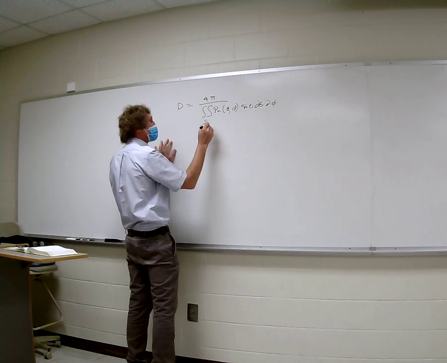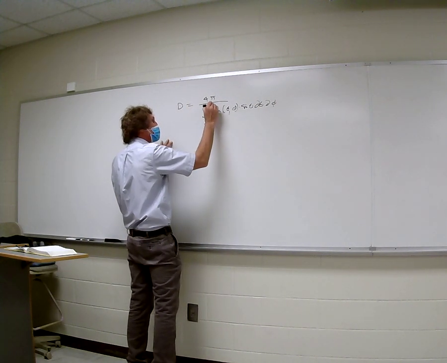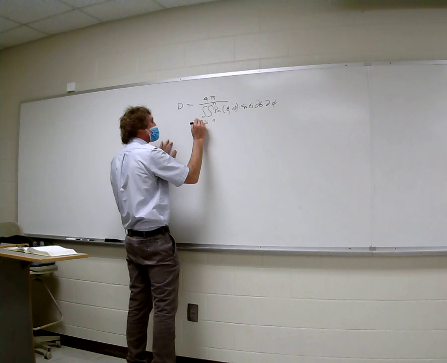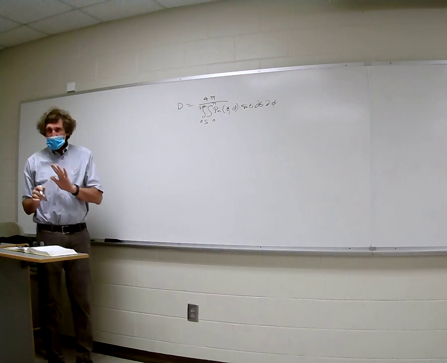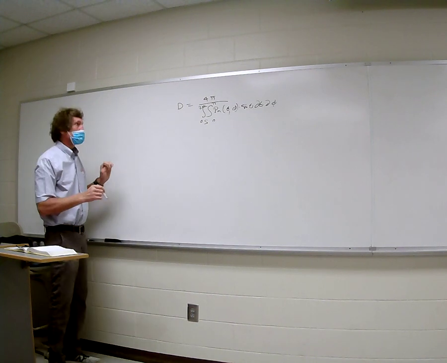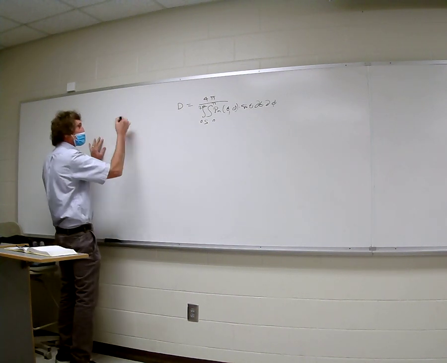And of course, theta would technically go from 0 to pi, and phi would go from 0 to 2 pi. Now, this is a standard definition we talked about, right? You don't have to write that, just to jog your memory.